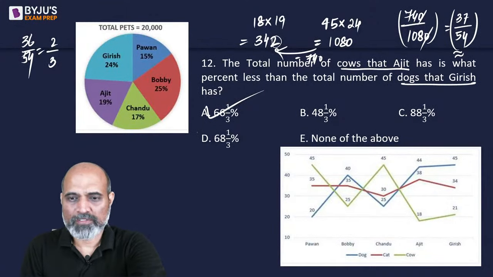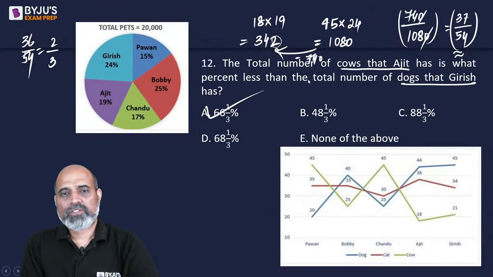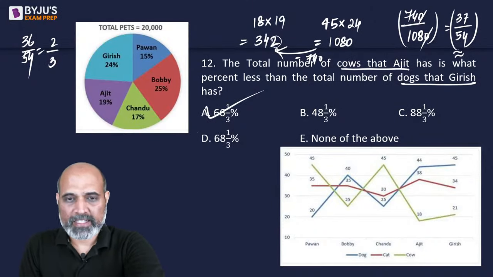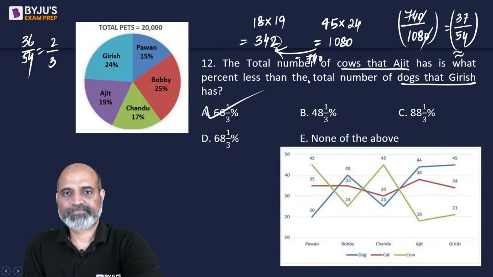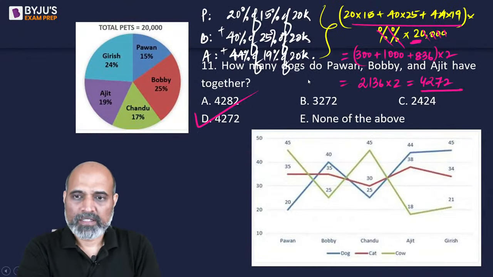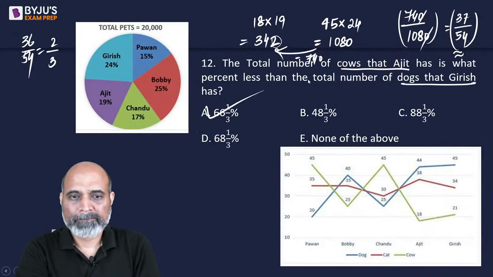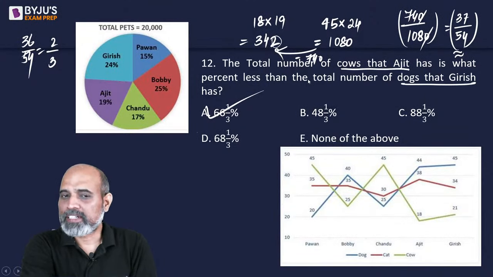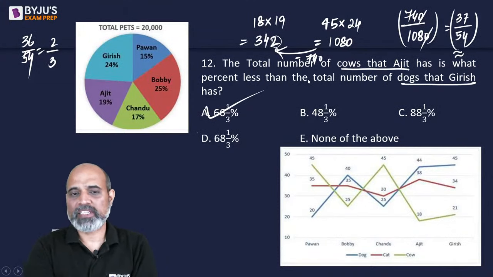Since we do have none of these, फिर भी ये एक दिक्कत ही रहेगा. So I'm not going to waste time. I'll go with A. Okay, 66 1 by 3. 66 1 by 3 is precisely 2/3.